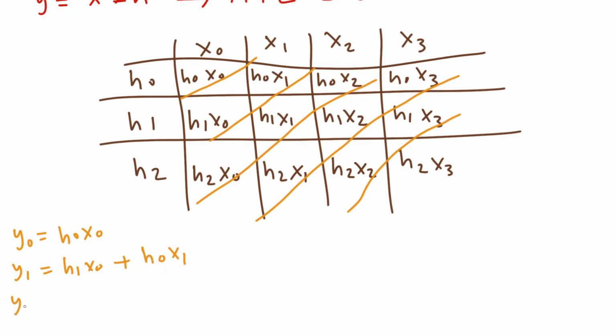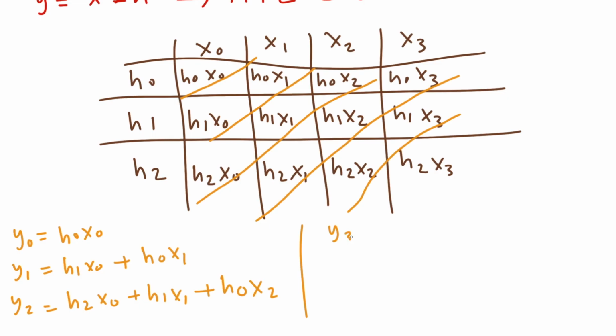And then y2, these diagonal elements: h2 x0 plus h1 x1 plus h0 x2.